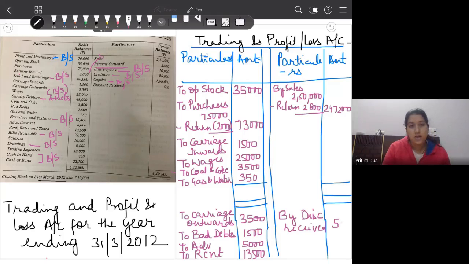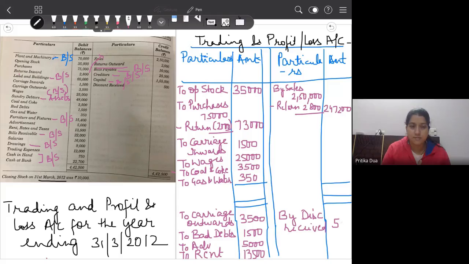500. Okay. Now what we see is that all the values in your question all come at one place. All the entries which were in this trial balance have appeared at one place.